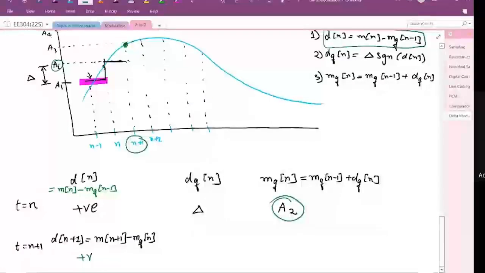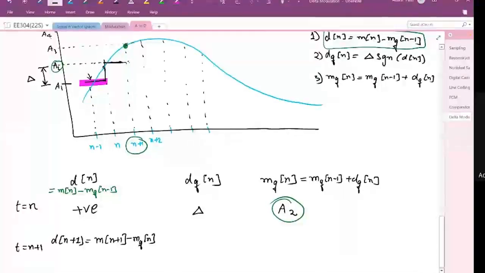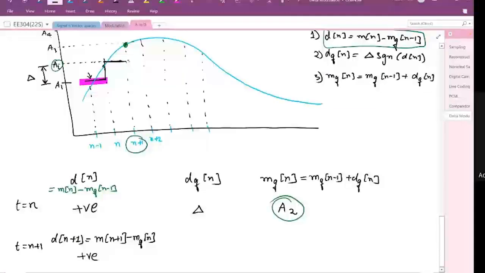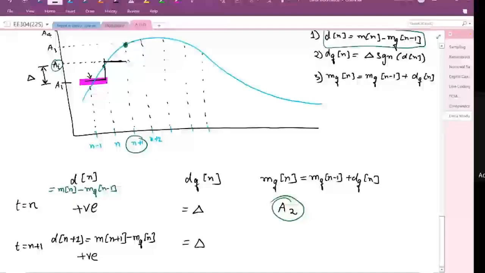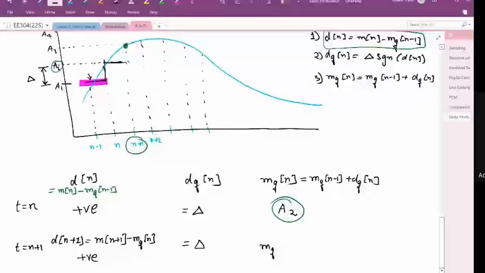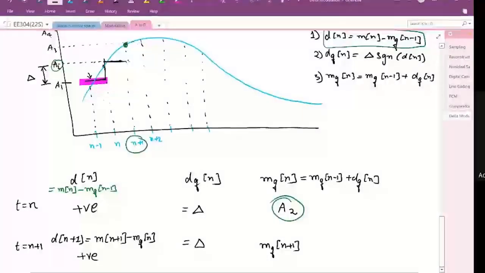If this is positive, then what will be dqn? Dqn will be equal to del, again del. If dqn is equal to del, then what is the value of mqn plus 1? That is nothing but the previous level plus dqn, and dqn was positive.